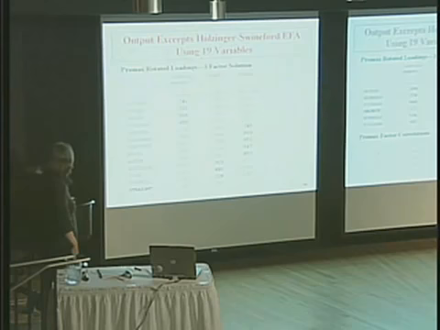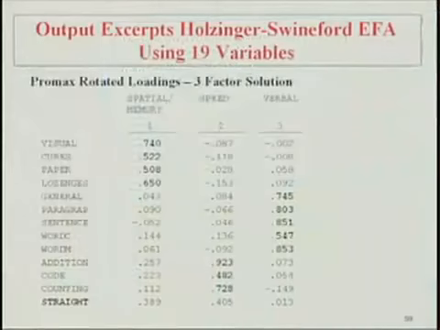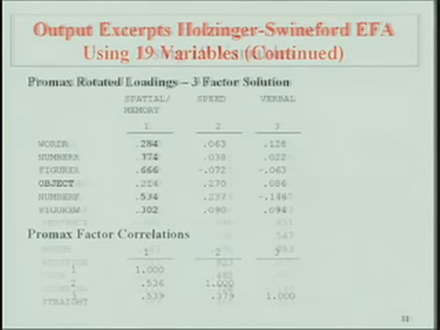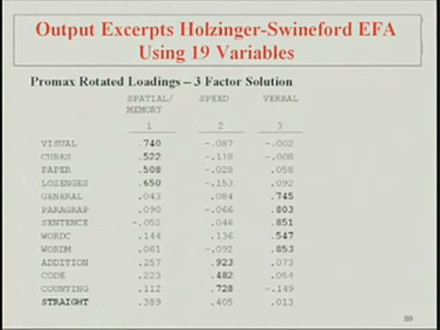So what that resulted in, if you look at the next slide, are the highlighted items for the first column, which are on 2 slides. It ended up with the items being highlighted for spatial and memory. I also made the decision, and then speed, you see the highlighted items here, and then verbal.